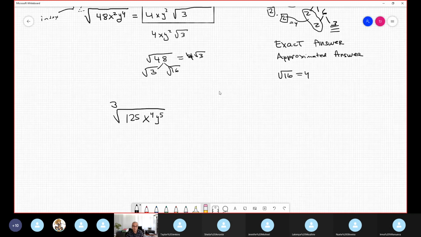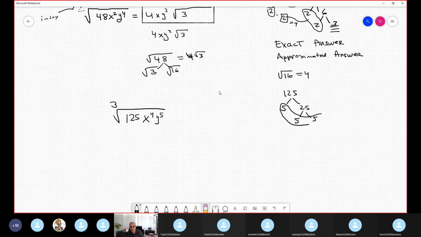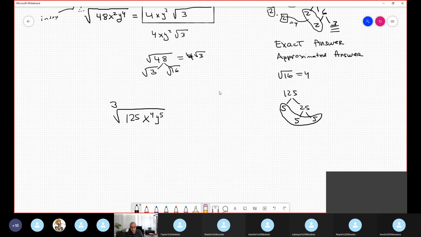Well, 125 is divisible by 5, which is 25, and 25 is 5 and 5. You have exactly the amount of factors that we need. So that means 125 is a perfect cube, and the answer is 5.